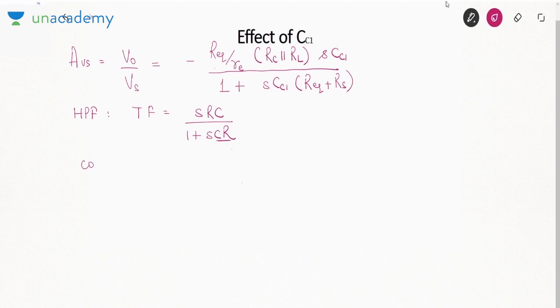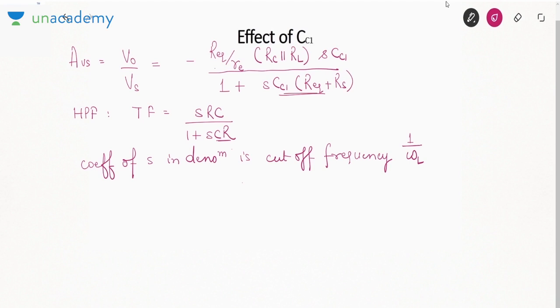So you can say coefficient of S in denominator is cutoff frequency, which is 1 by omega L. Okay, because there I told you that the cutoff frequency is 1 by RC.